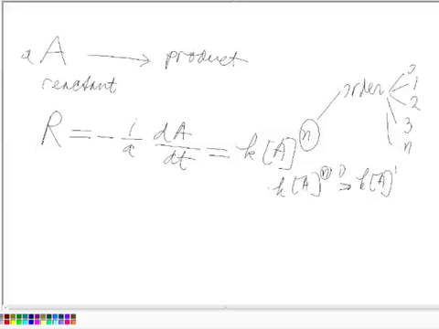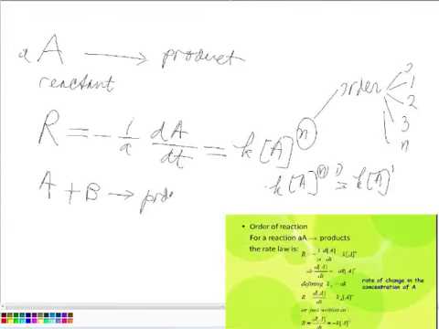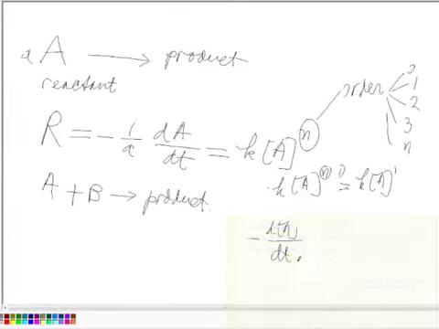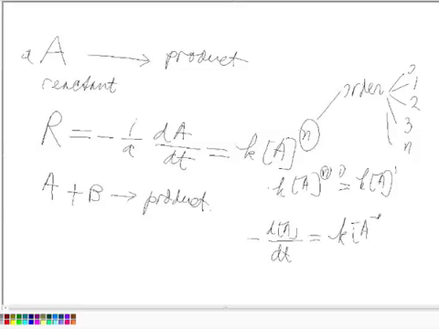The question is, if we have a second order reaction, for example A reacting with B becoming a product, then the rate, dA/dt, is equal to k[A][B].